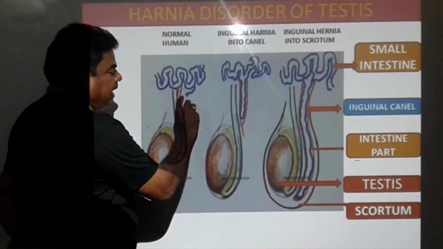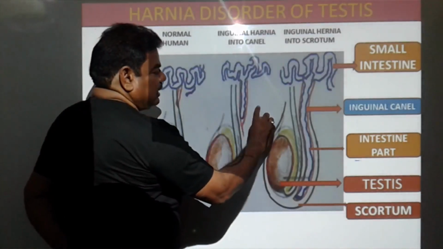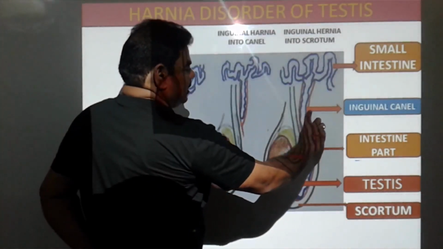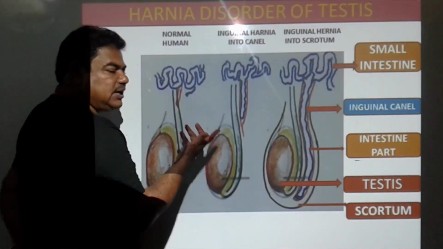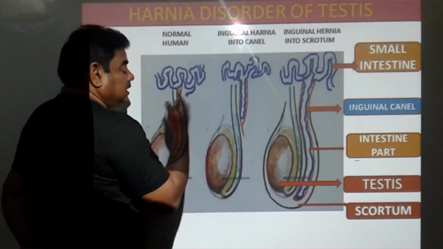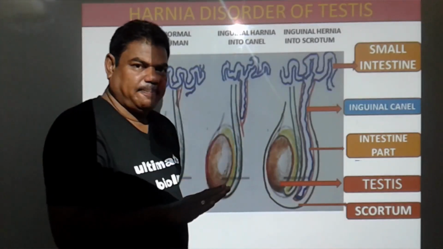Now this is a canal, we call it the inguinal canal, and in this inguinal canal there is a cord. In a normal body, this inguinal canal remains as it is.